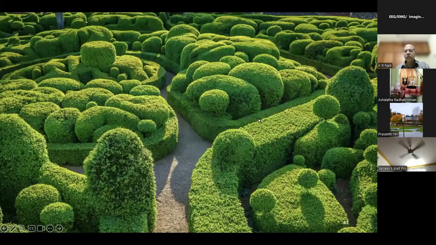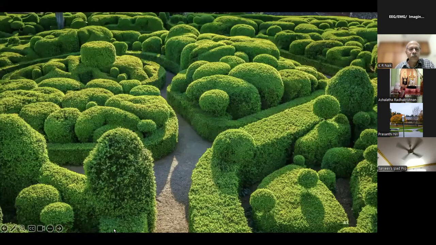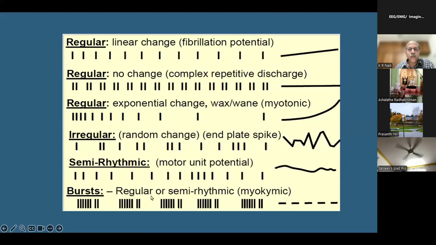I think that finishes the cases or the graphs. So we can start with the interpretation if anybody is ready.